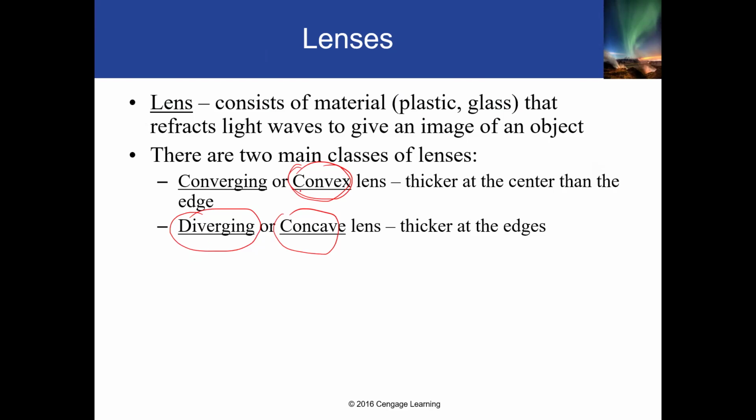But now, for a lens, converging lens and convex lens are the same, and then diverging lens or concave lens. This is because of their shape, and again because of the direction of the light after refraction.